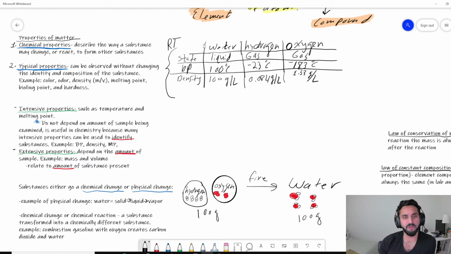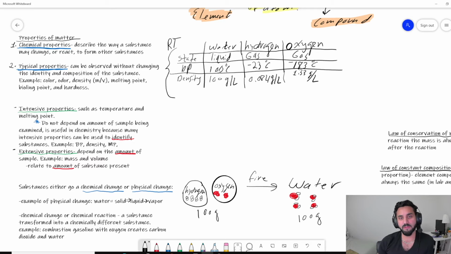Here, let's take a look at some physical properties. Here, RT stands for room temperature. At room temperature, water is usually liquid. If you compare water to hydrogen at room temperature, hydrogen is usually gas. And if you also compare oxygen, the element oxygen is also in the gas phase at room temperature.